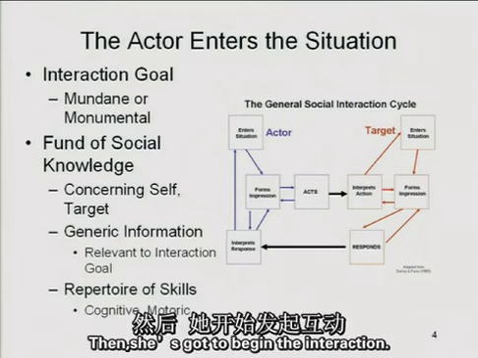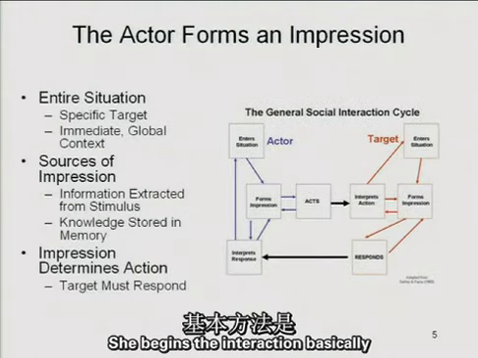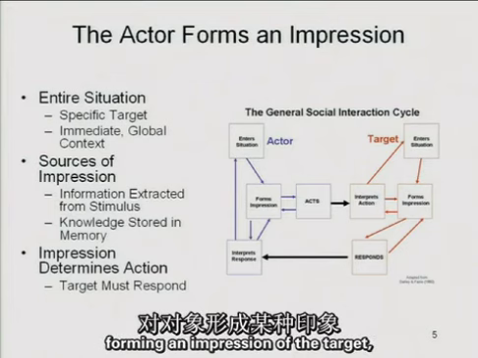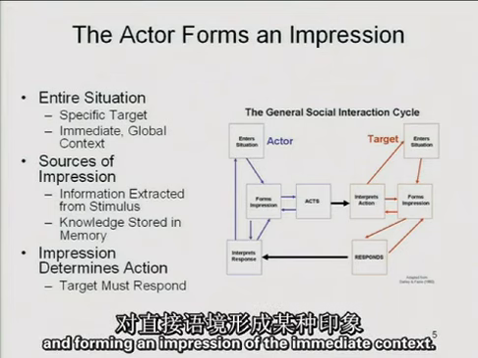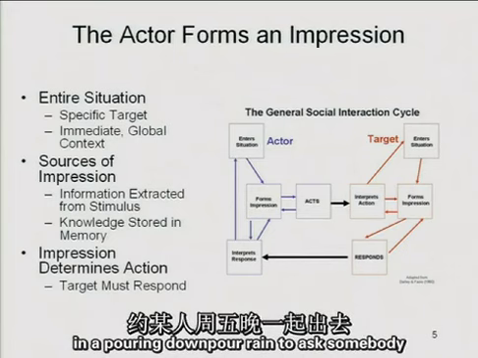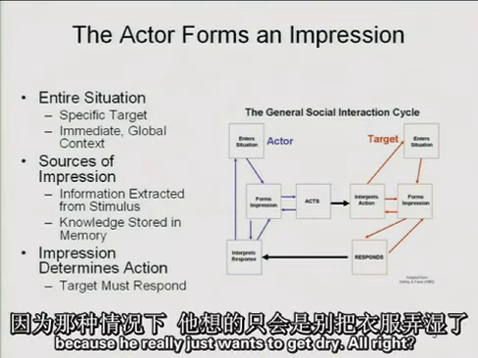Then she's got to begin the interaction. And she begins the interaction basically by forming an impression of the situation, forming an impression of the target, and forming an impression of the immediate context. Probably not a good idea to stand in the middle of campus in a pouring downpour rain to ask somebody if he wants to go out with you on Friday night, because he really just wants to get dry, all right?